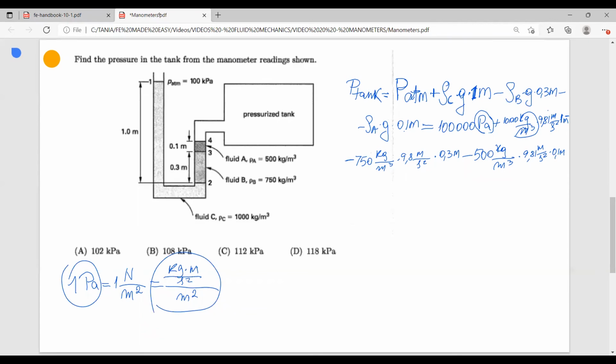So let's move forward and calculate all this to see what the pressure in the tank eventually equals. So let's start.